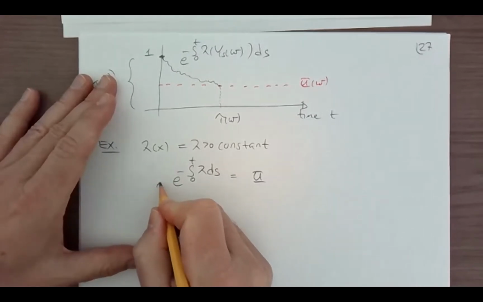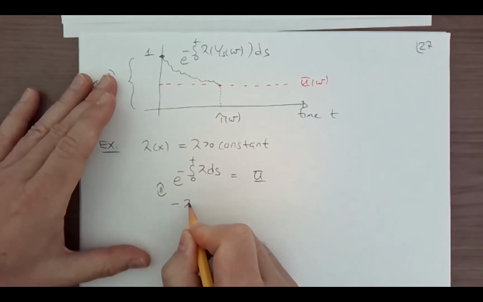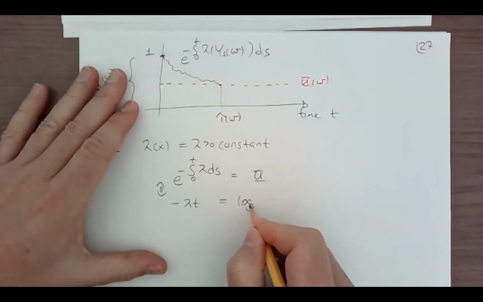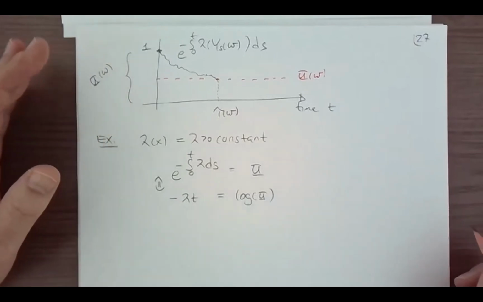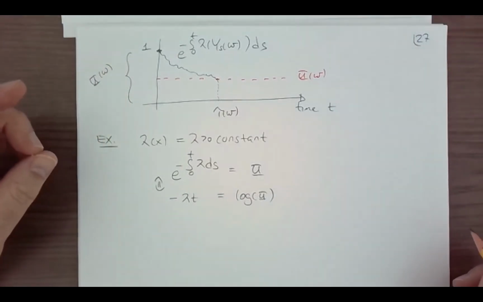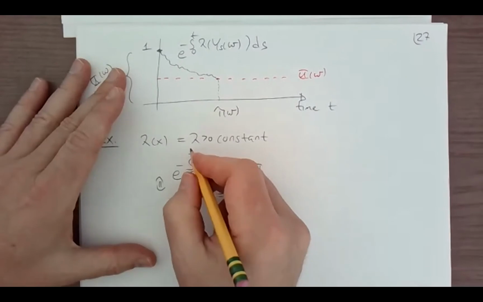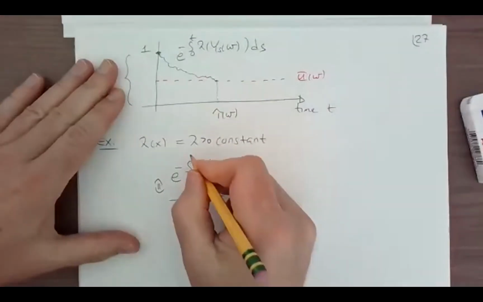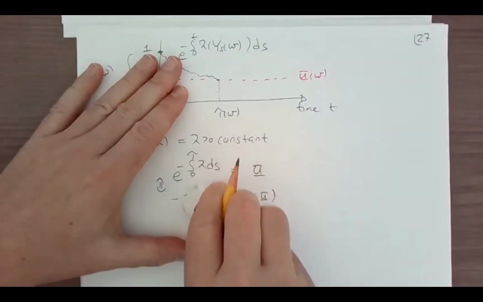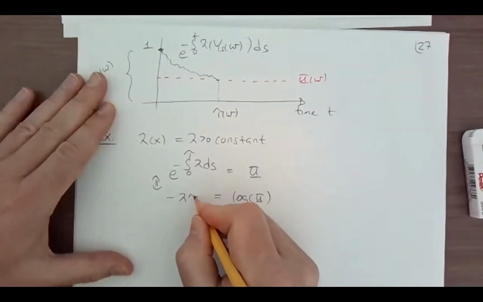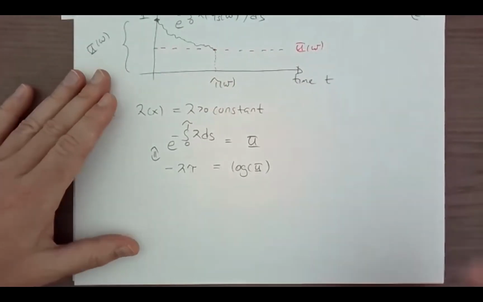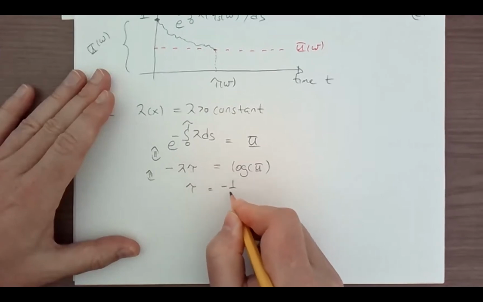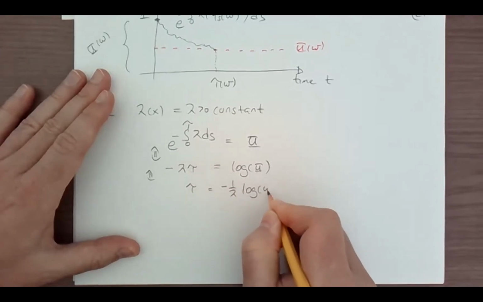This is the same thing as saying minus lambda t is equal to log of U. Right, so at this time, this is where I have tau. So I'll put in a tau here. So I'm going to get here that tau is equal to minus 1 over lambda log of U.